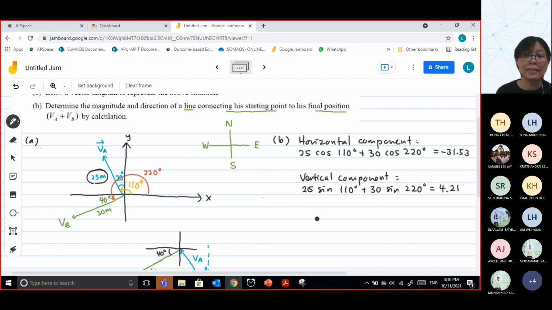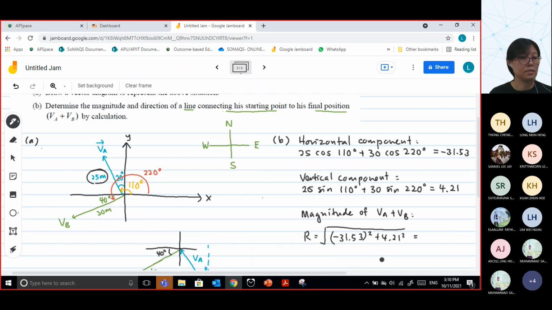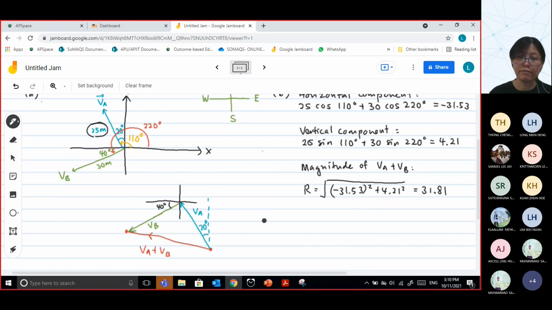Correct. Then next, find the magnitude: 31.81. And then the direction.